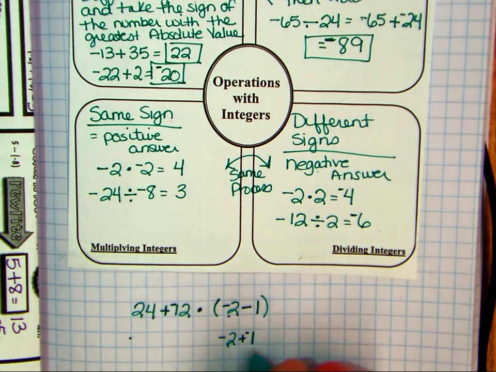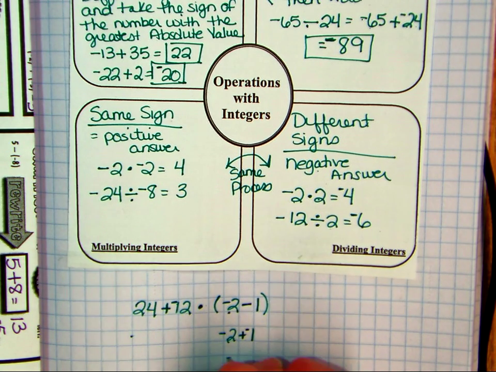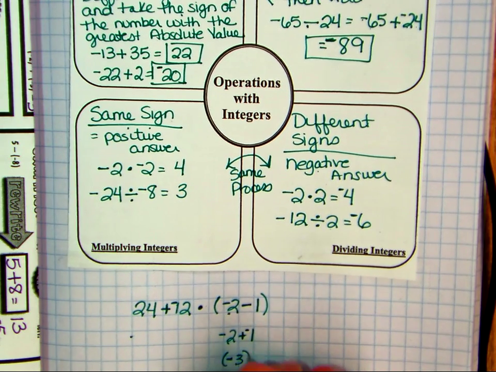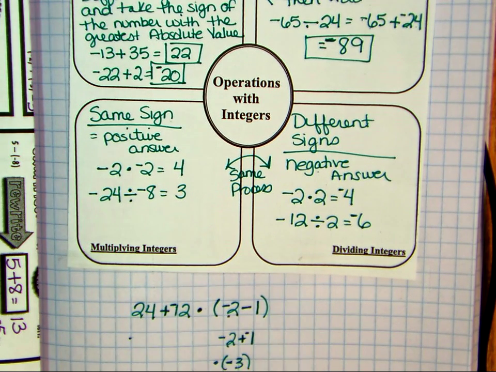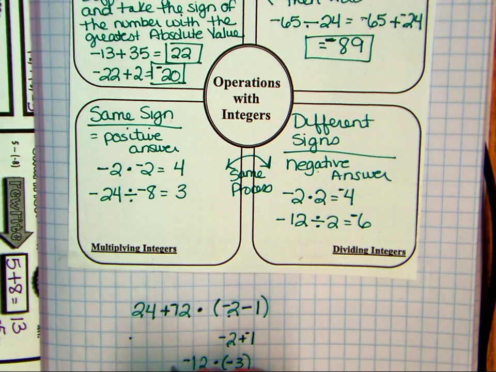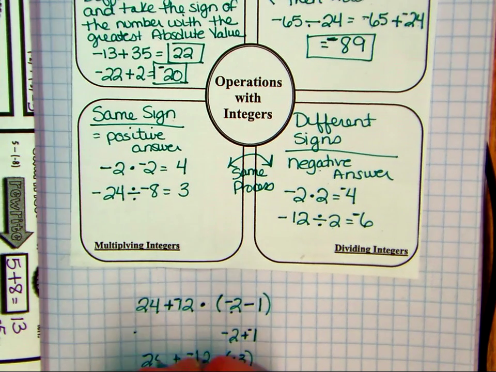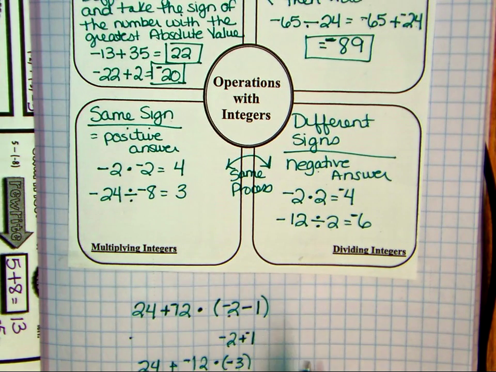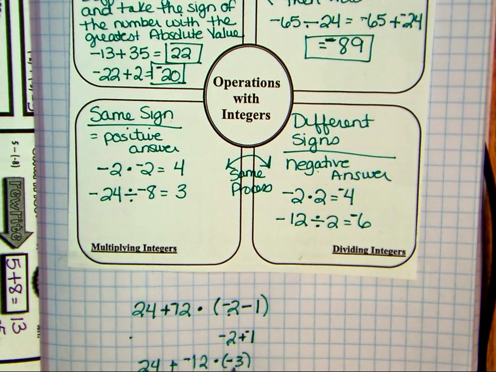So now I have in my parentheses -3. I'm going to have times -12 plus 24. So now the next thing I need to do, I don't have any exponents, but I do have a multiplication problem. -12 times -3.